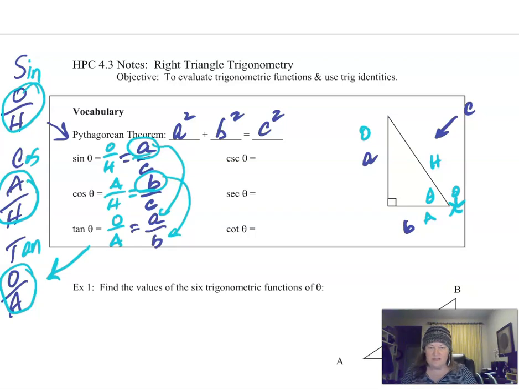Now, these are called reciprocal functions, which just means that we flip them over.